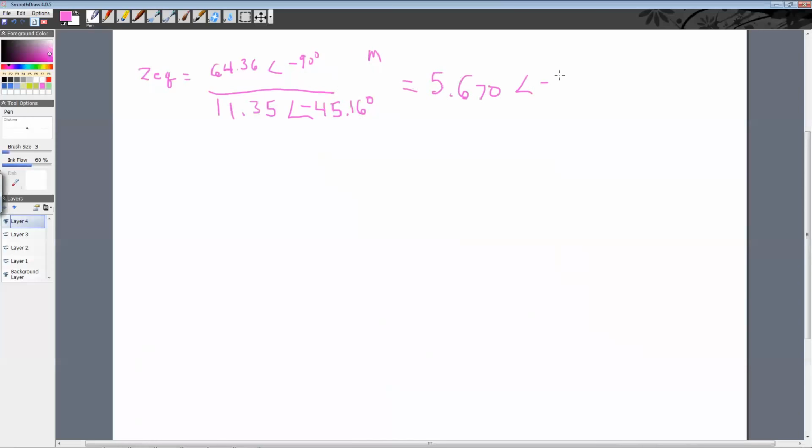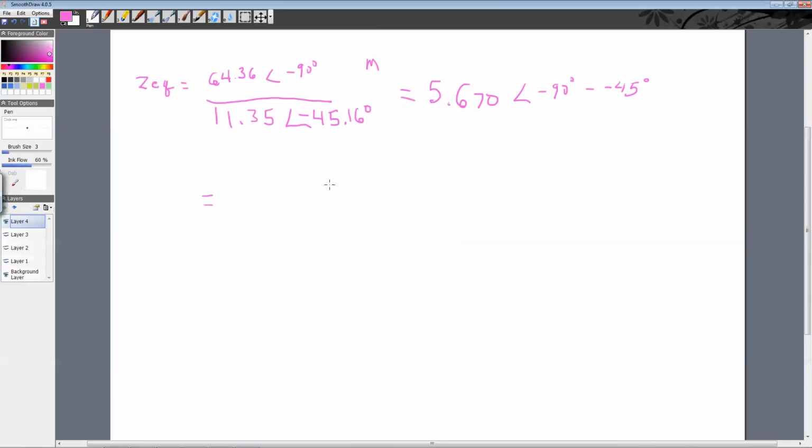And so we have minus 90 minus 45 degrees. Which gives us 45, 5.670. Right. Now we almost might have forgotten what we've been doing by this time.